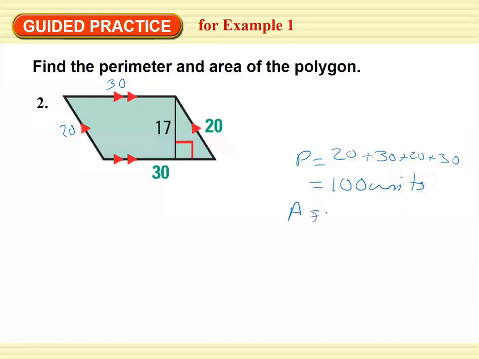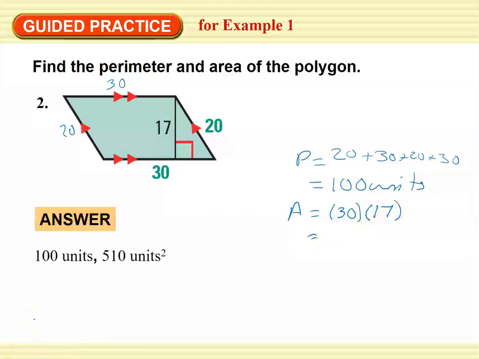And then the area of a parallelogram is just base times height. 30 is your base. Your height is not the 20, it is the 17. If you type 30 times 17 into your calculator, you get 510. And that's units squared.